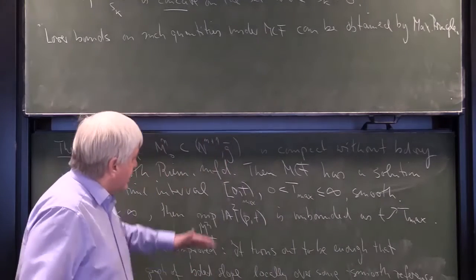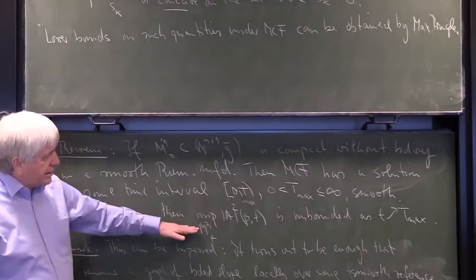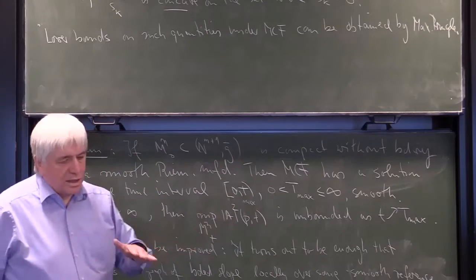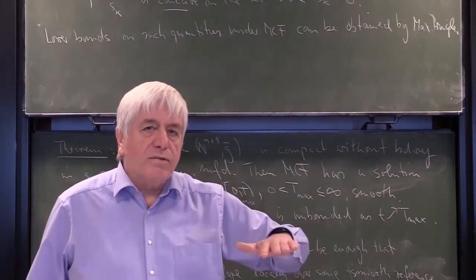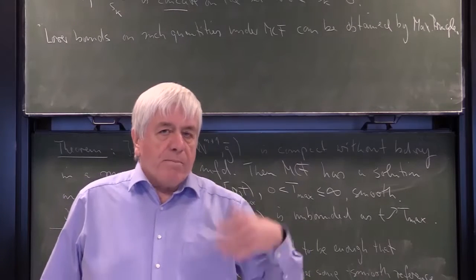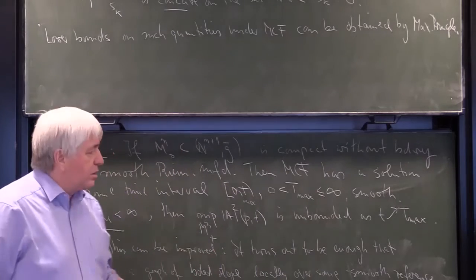In other words, the theorem says if the surface is locally like a nice C2 surface in a uniform way, then we can extend the solution.